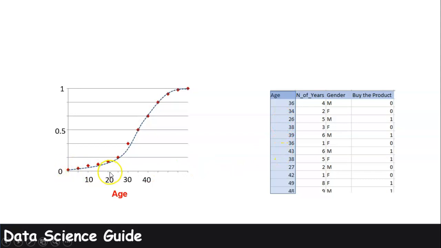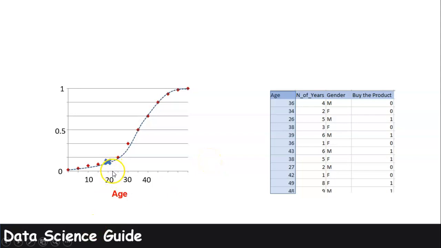I will put age here, and I will start with 5 years, 10 years, 15, 20, 25, 30, 35, 40, 45, and so on. So we have the ages on the x-axis, and the probability on the y-axis starting with 0, 50%, and 1. And let's take some values and examine them.